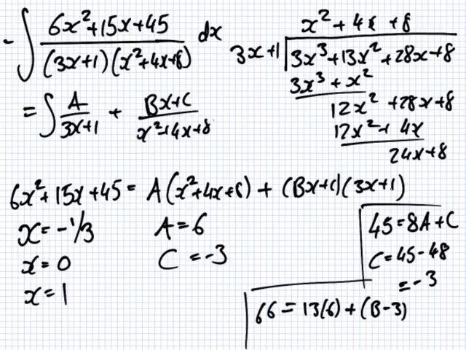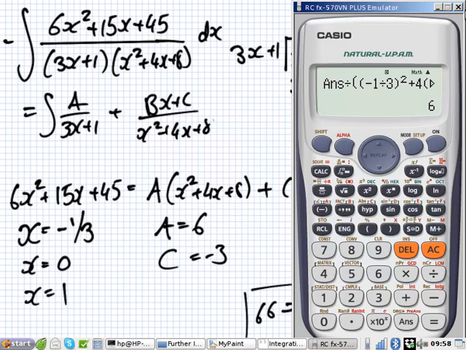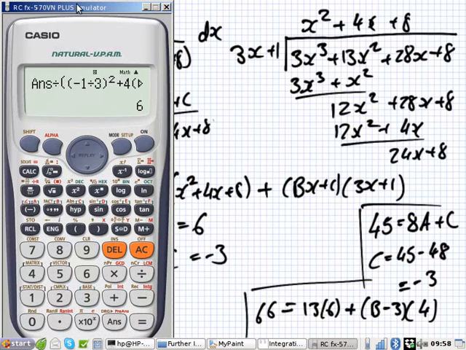And then this one here will be 3 plus 1 is 4. So if I just calculate this here, 66 minus 13 times 6, divided by 4. Interesting, it looks like I'll get 0 for the b here.